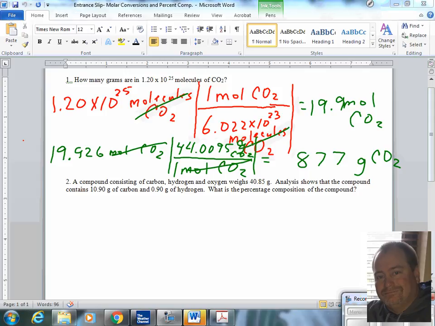So, I have carbon. To find the percent composition of carbon, I'm going to take 10.90 grams divided by the total, 40.85 grams, multiply that by 100. So my amount of carbon is going to be 26.68%.